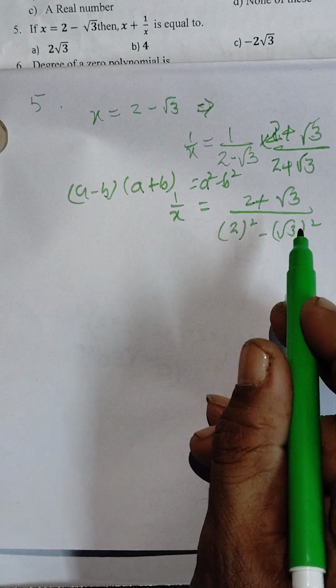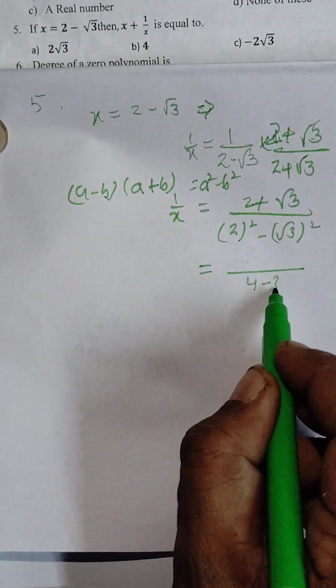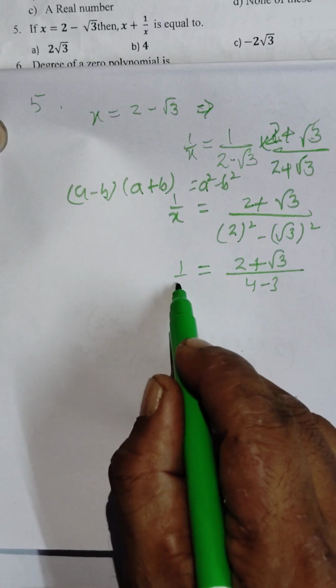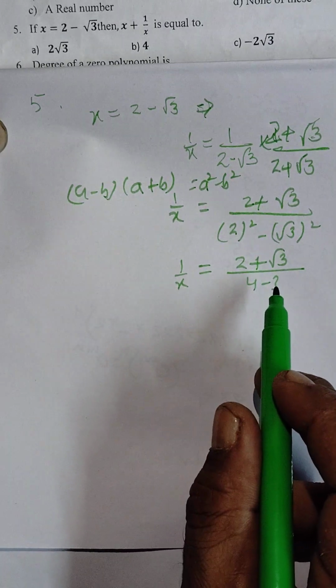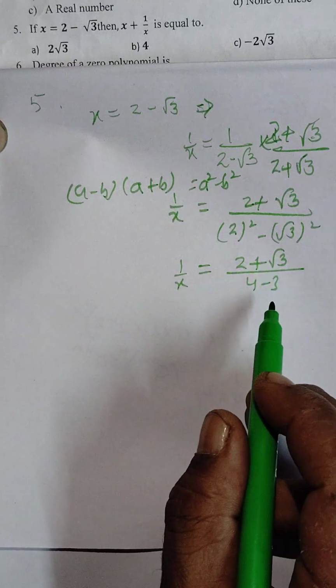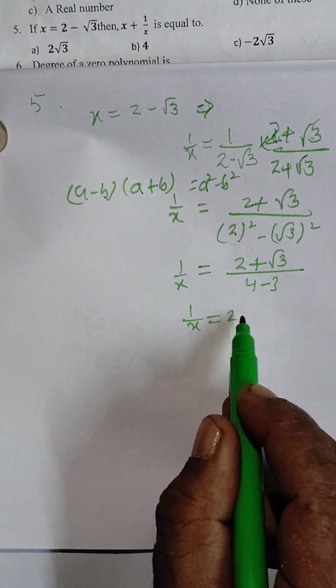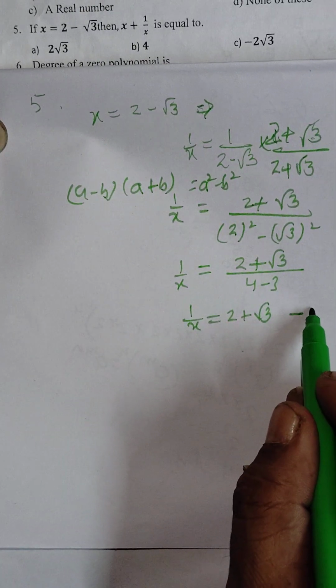So 2 square is 4, square root 3 squared is 3. So we get 4 minus 3 in the denominator, and the numerator we write as it is. By default every number has denominator 1. So 2 plus square root 3 upon 1 gives us 2 plus square root 3. So this is the 1 over x value.